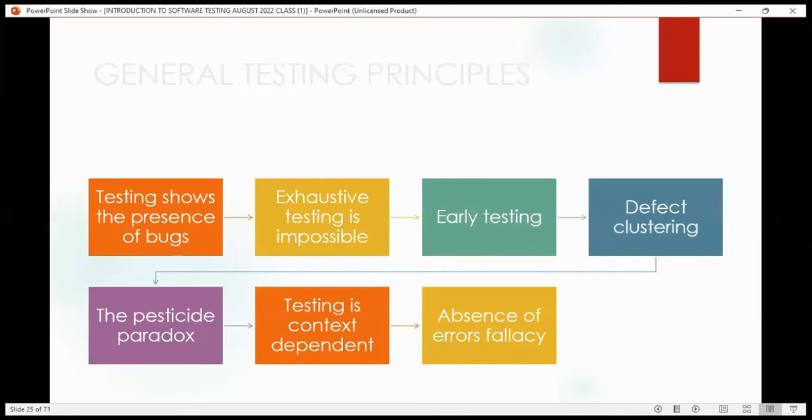Testing is context dependent. If you don't add hot or cold water together, if you don't put a context in it, you can't determine whether the water is warm or cold. So you have to bring some things together for you to be able to test. Absence of error fallacy. Definitely, it's a fallacy.